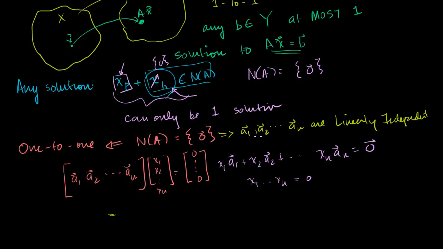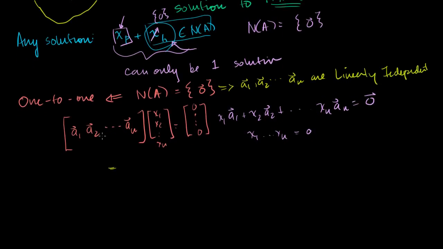Now, what does that mean? If all of these are linearly independent, what is going to be the basis for your column space? Remember, the column space is the span. The column space of A is equal to the span of a1, a2, all the way to an.